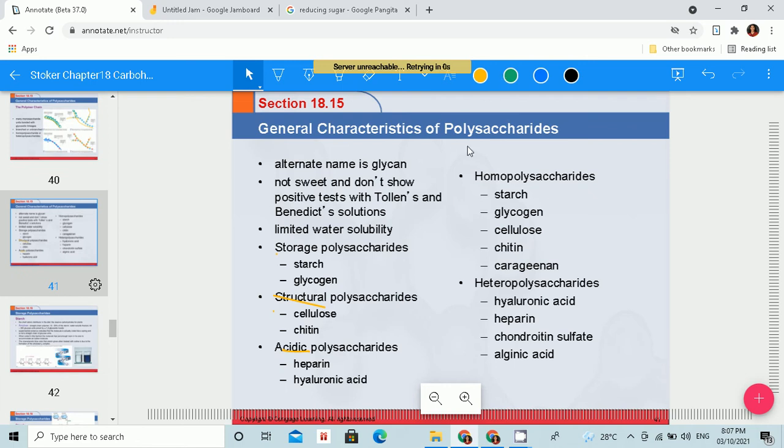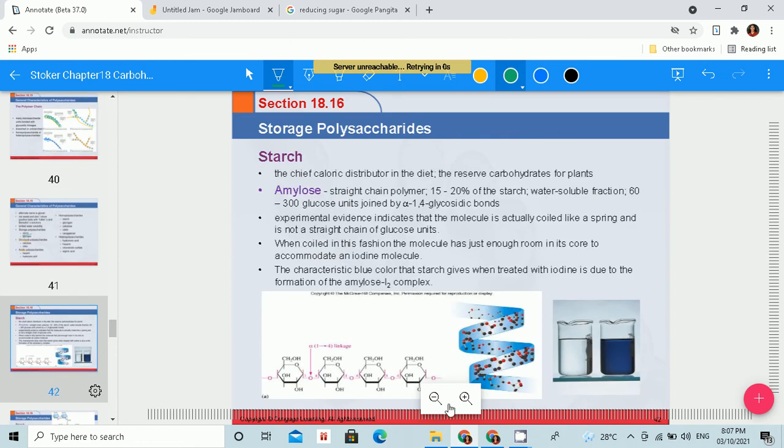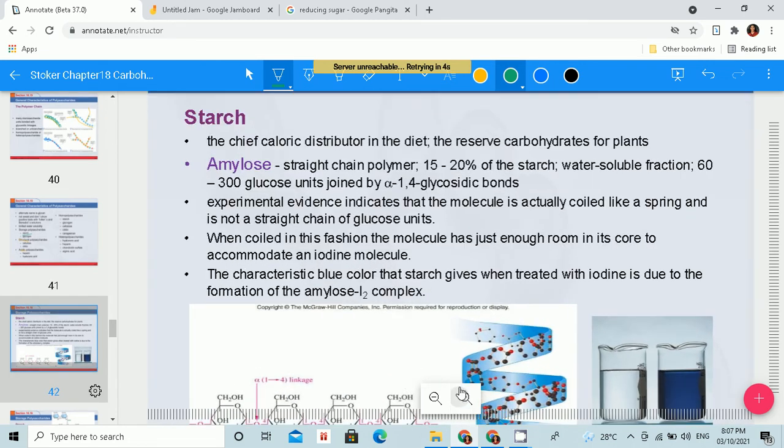Starch is classified as our storage polysaccharide. It is the chief caloric contributor in the diet, the reserve carbohydrate for plants. So the carbohydrate in plants is called starch.